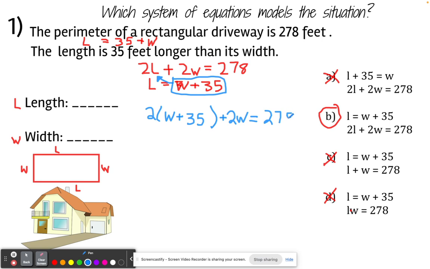My next step will be to distribute 2 times W and 2 times 35. 2 times W is 2W, plus 2 times 35 is 70. So 70 plus 2W equals 278.